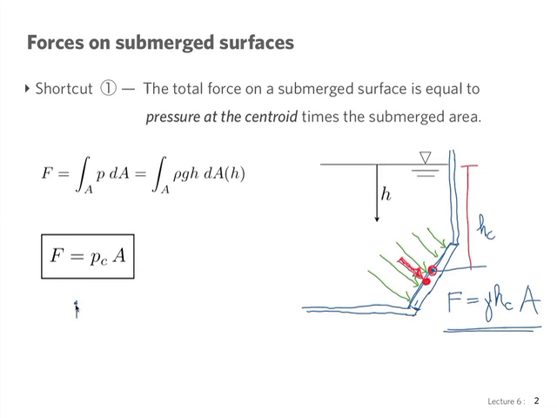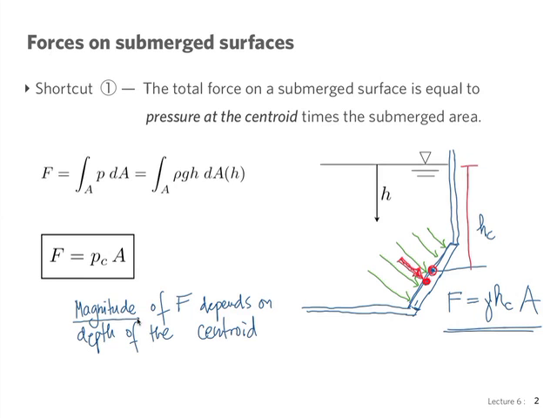So the magnitude of F depends on the depth of the centroid. HC is the depth of the centroid.